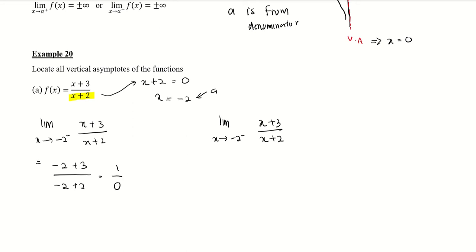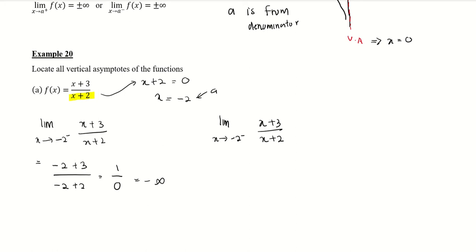We already discussed in the previous topic that if we get a number over 0 in limits, this approaches infinity. We can also determine whether this is positive or negative infinity. For this question, this equals negative infinity.